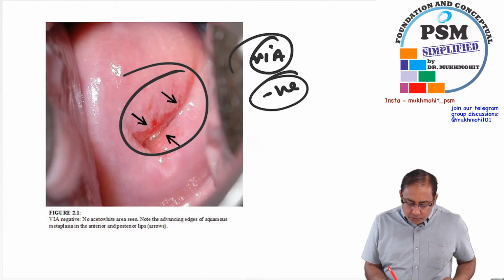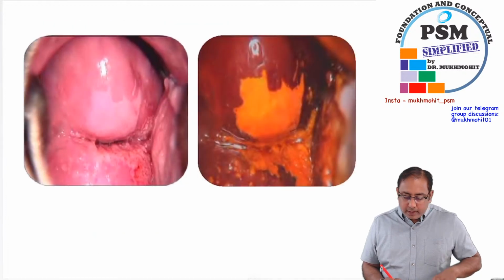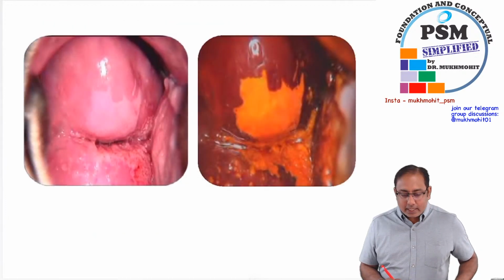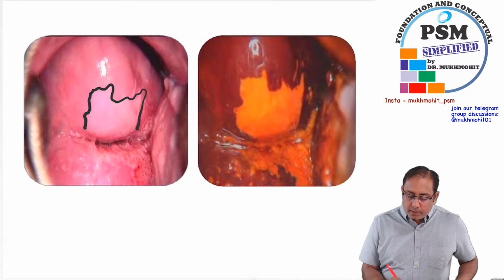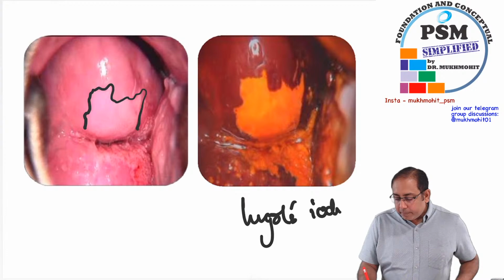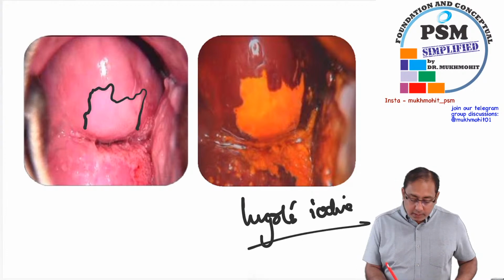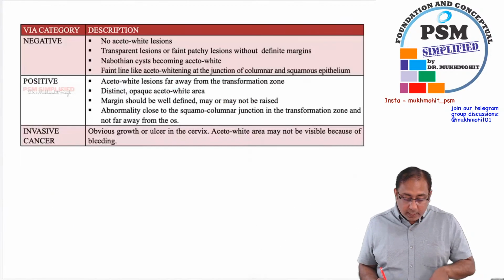Now, if there is a discrete margin over here, this one is with Lugol's iodine, if you see a discrete margin, it is called positive on visual inspection with acetic acid.